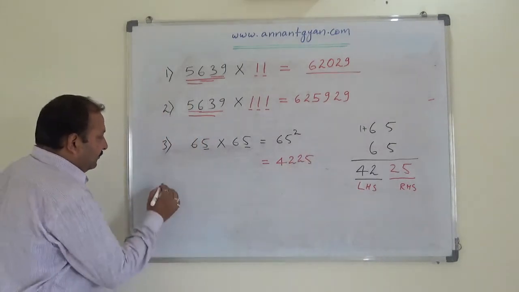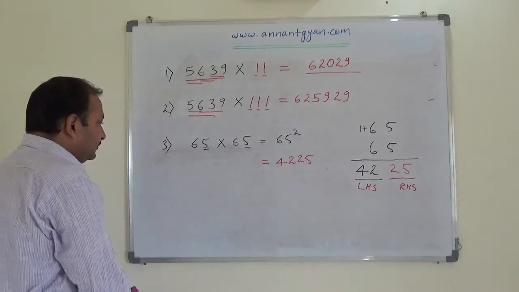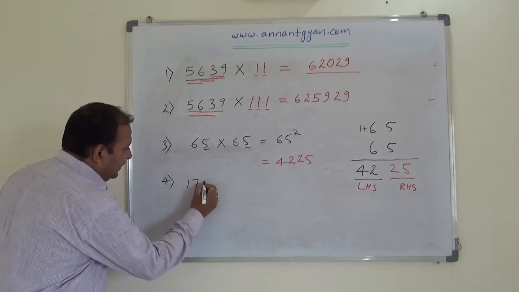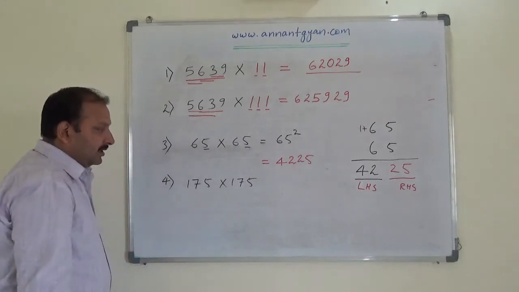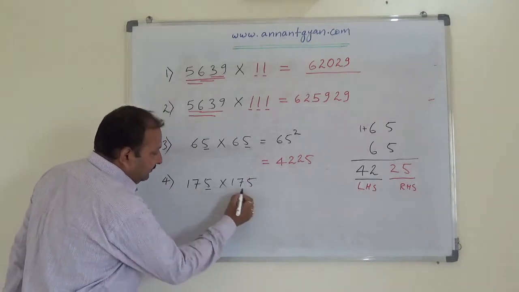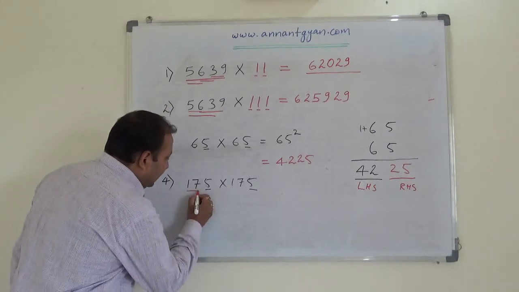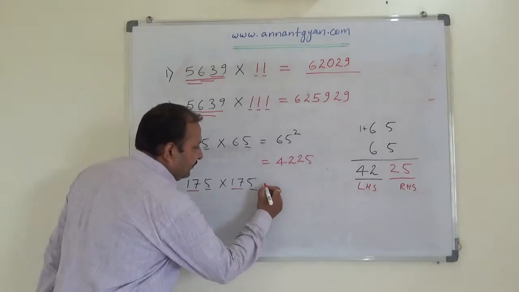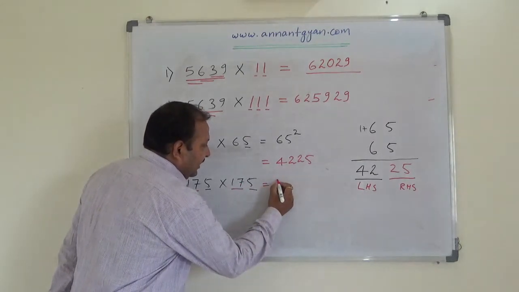Similarly, the fourth one, 175 into 175. So the number ends with 5 and has the same 10 and 100 place. On that time, what shall we do? We shall add 1 with the 10 and 100 place number.